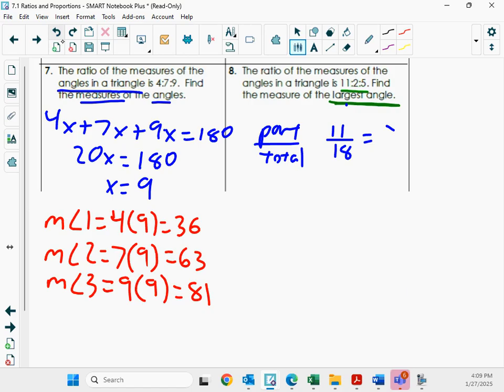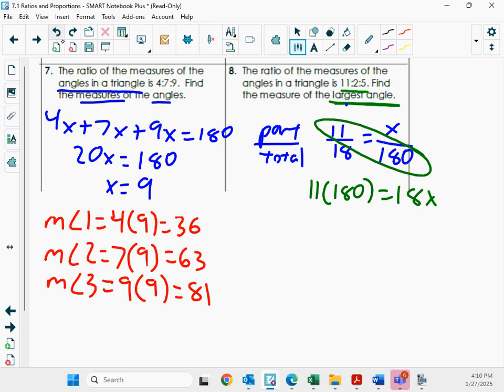Equals how many out of the 180 degrees? That's really all the ratio is. If it has 11 of the 18, how many would it have out of 180 if we multiplied it up? So now we cross multiply. 11 times 180. And actually write this out. 11 times 180 equals 18x.